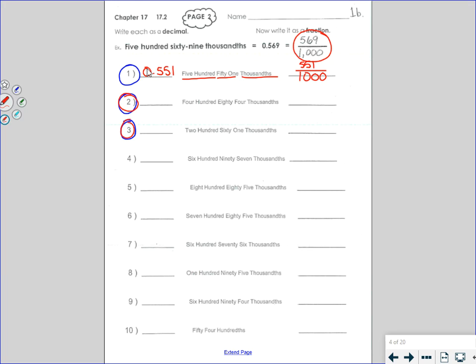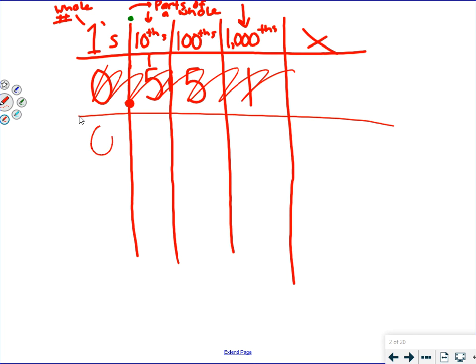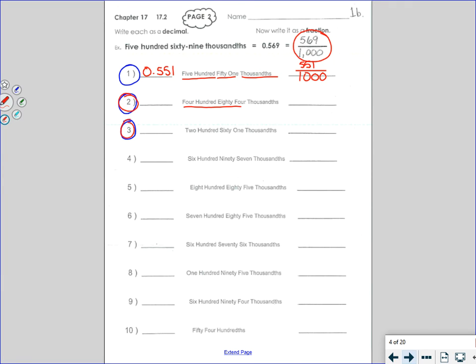Okay. You guys try these two by yourself. Okay. So pause the video if you haven't. 484 thousandths. Okay. So if I go back, I'm just going to draw a new line. Okay. This one's done. So I'm going to make the same thing. 484 thousandths.